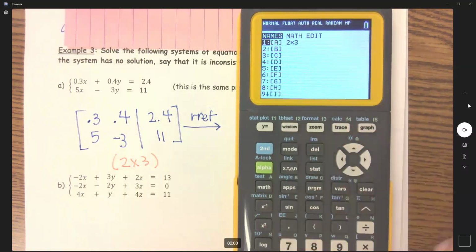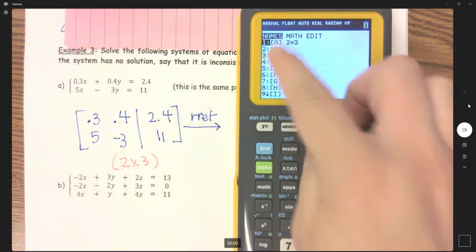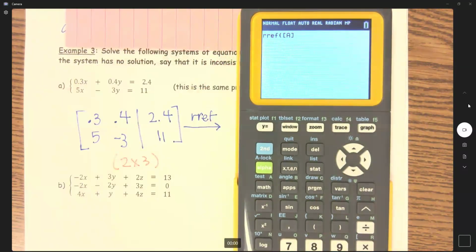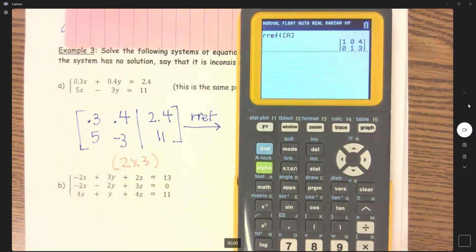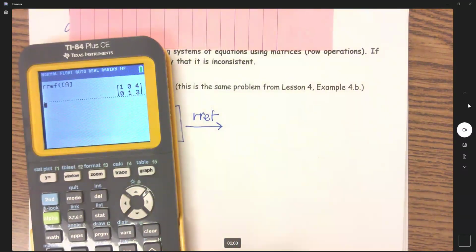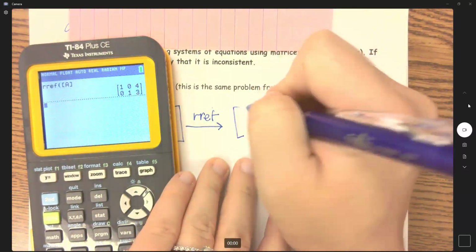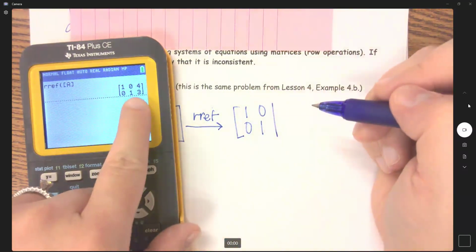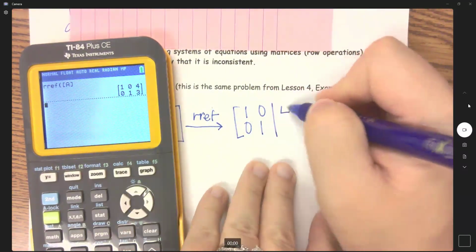So second x to the -1 and select the matrix we're talking about. Once I have that RREF matrix A in my calculator, hit enter, and here is my matrix in row reduced echelon form. So we got 1, 0, 0, 1. I'm going to put a bar. Notice they don't put a bar here. 4, 3.